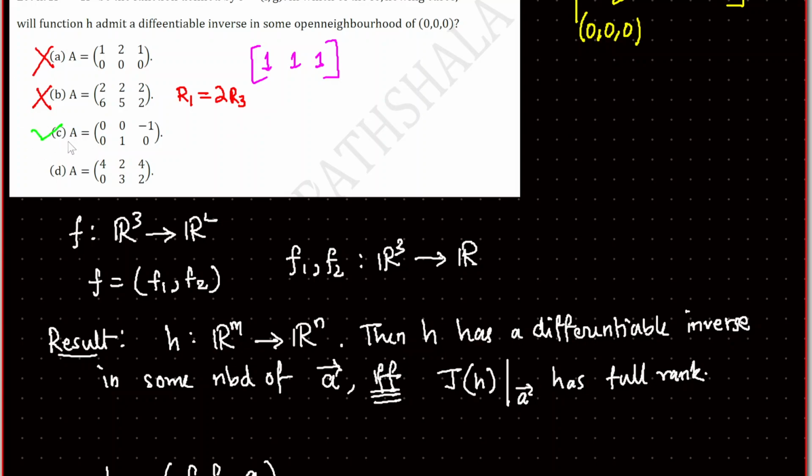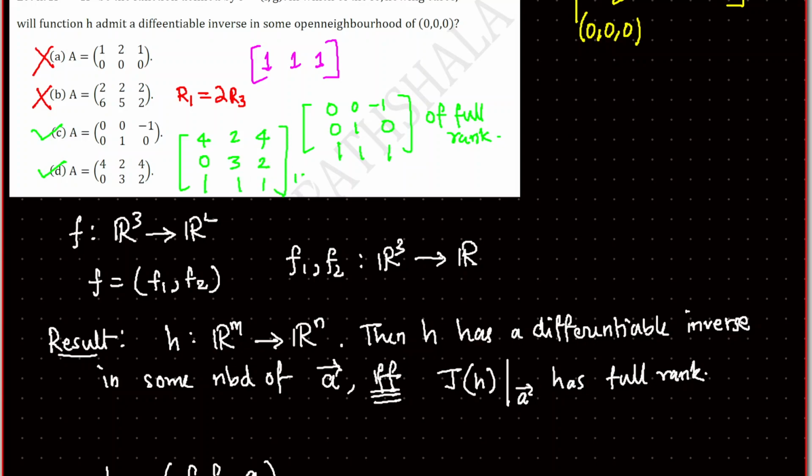The third option will hold. It is easy to check that the matrix 0 0 minus 1, 0 1 0, this is full rank, right? Similarly, you can also check that this matrix 4 2 4, 0 3 2, 1 1 1, is also full rank.